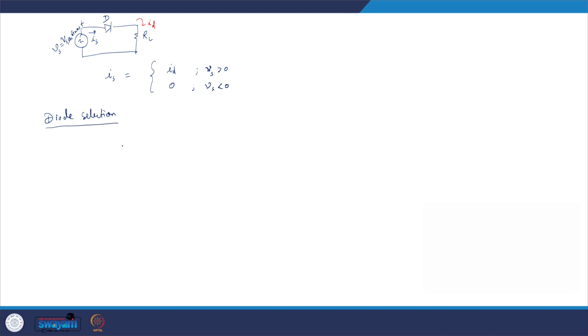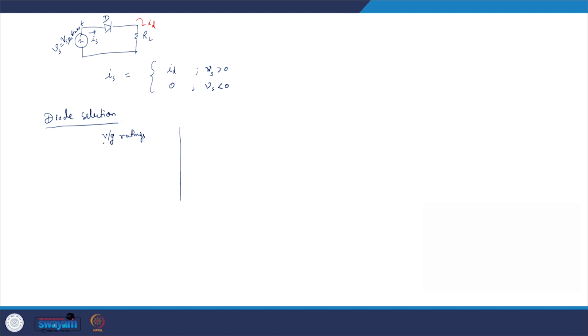In doing the diode selection, depending upon the parameters of the circuit, we have primarily two things, which are the voltages and the current. So we have the voltage ratings of the diode, and in that we have several types of voltage rating which have been defined for the diode.